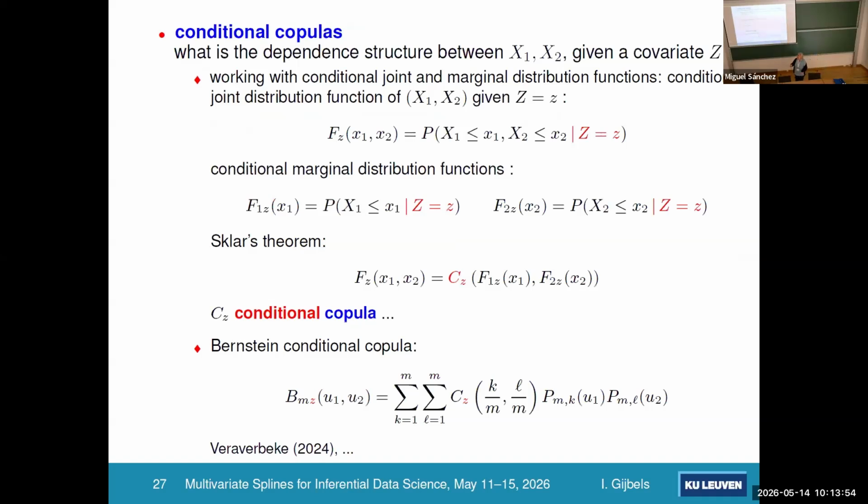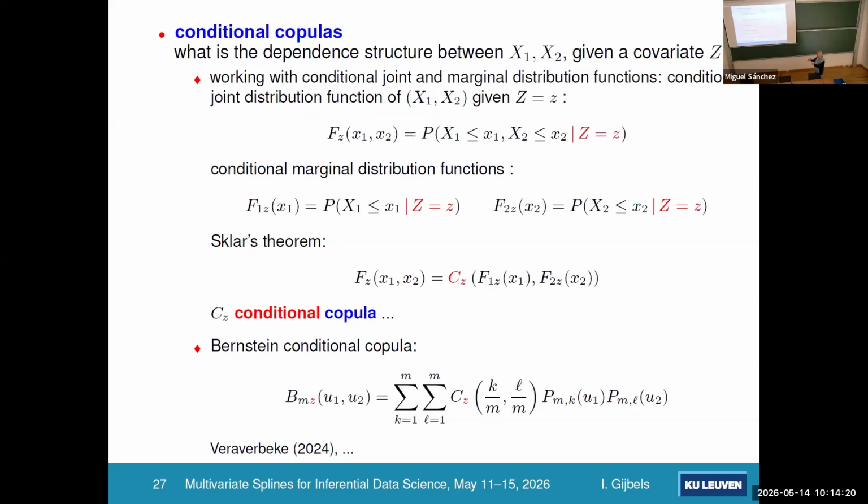And maybe a last thing is that often when you have a dependence structure, you have covariates. Think of, for example, the dependence between temperature and the amount of rain. It can be different in different regions of the world, right? If you think of a portfolio, it can be different depending on the economic situation of the country where you are.